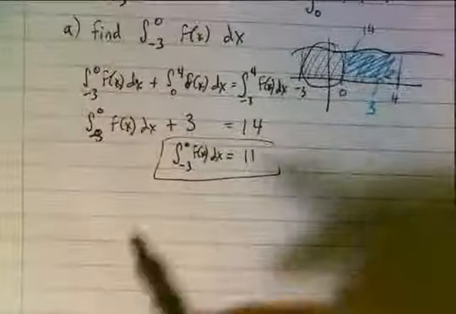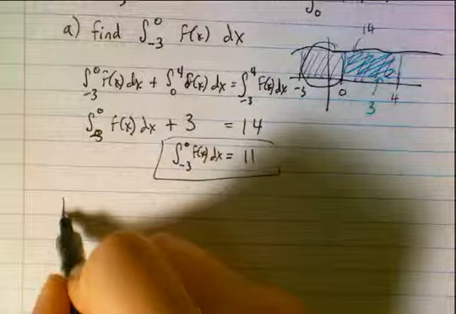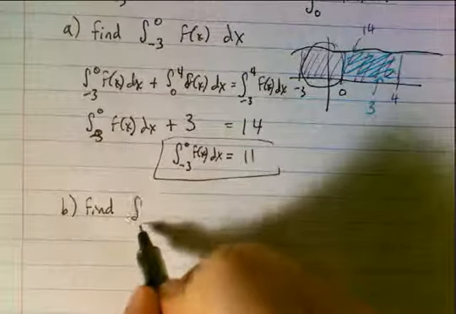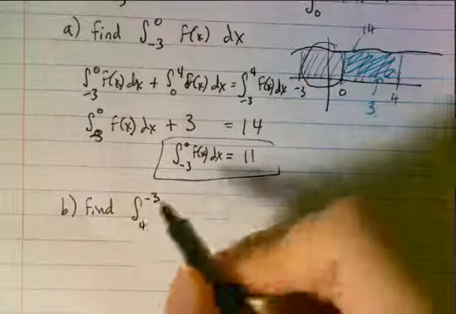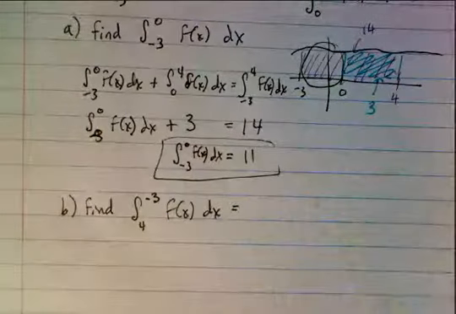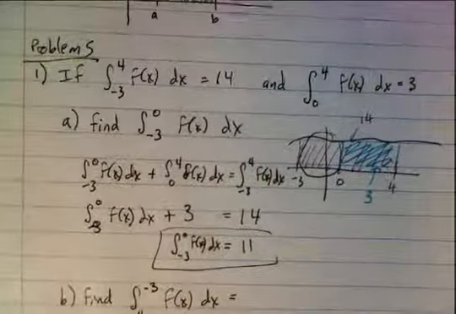We could also do something where we were asked to find the integral from 4 to negative 3 of f of x dx. We want to know from 4 to negative 3.